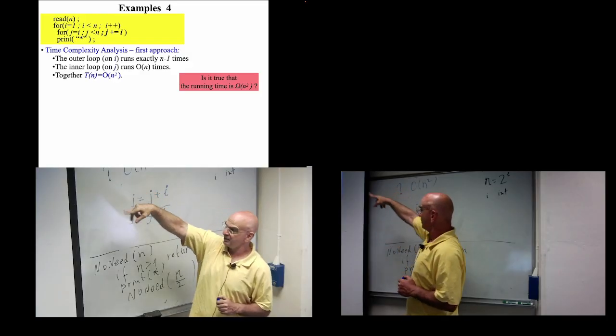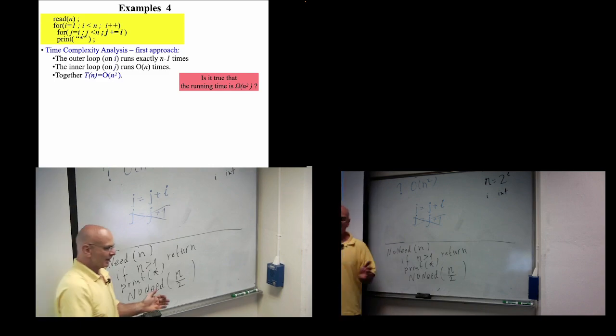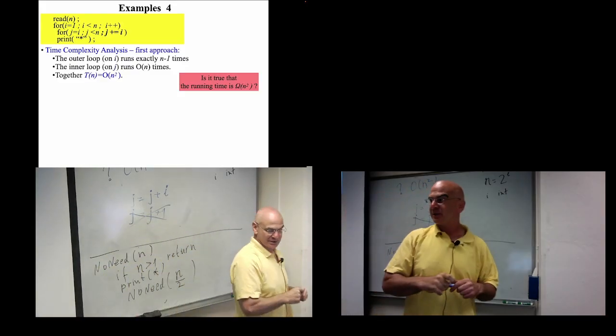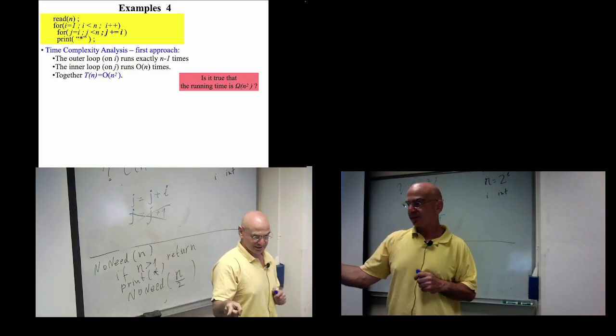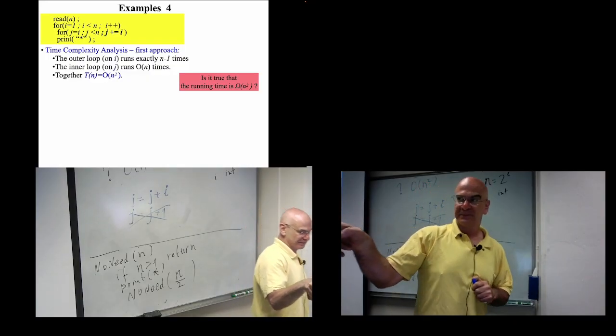I mean, with a new modification. The code, sorry, I didn't say it clearly. With the modification, as it appears on the slide, is this order of n squared, yes or no? You say yes. You say no.